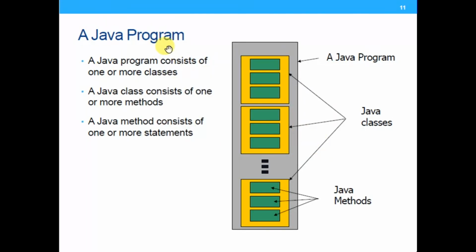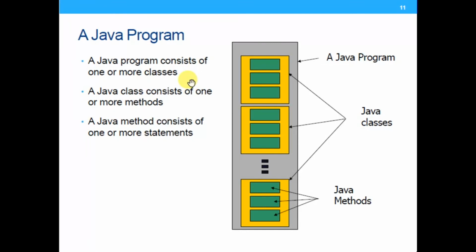A Java program. A Java program consists of one or more classes. So in Java, we divide the program into classes, and this thing you will learn later, but you should have an understanding about it. And each class has one or more methods that are meant to do specific actions. Methods, you can put your code in each method, and each method does a specific task.